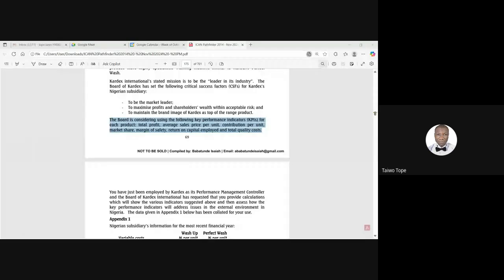So when you talk about market share, this is one of the most important key performance indicators used to measure a company's competitive position within its industry among its competitors.